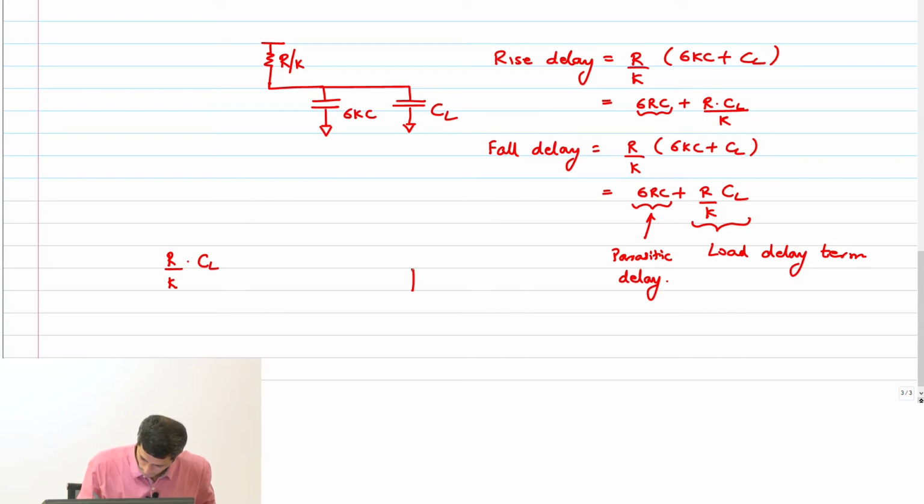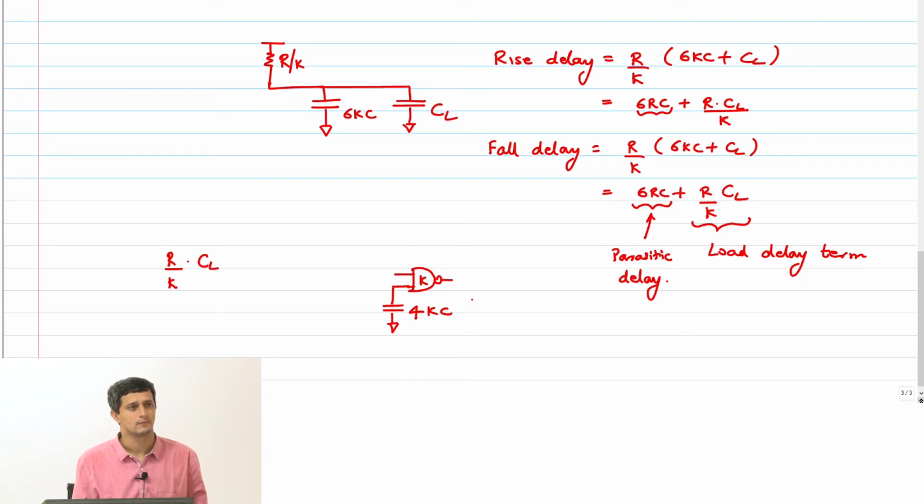So this is my upsized gate and this had a capacitance of 4kC.